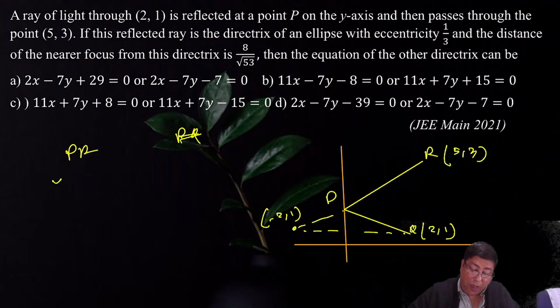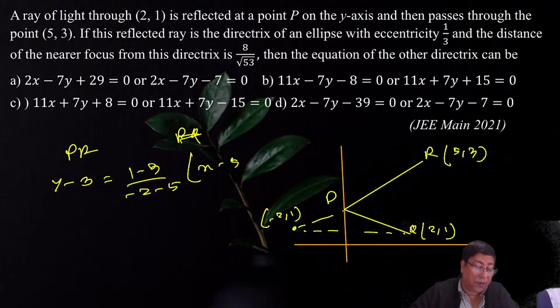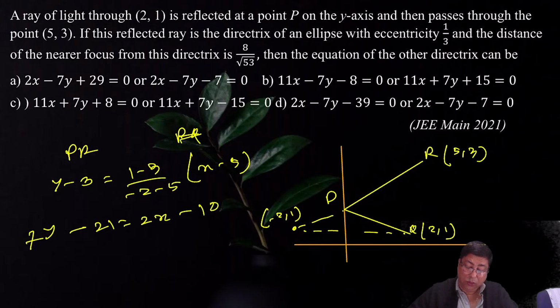Y minus Y1 by Y2 minus Y1, I am doing indirect, minus 2 minus 5 into X minus 5. So we are getting 7Y minus 21 equal to 2X minus 10. So it is coming 2X minus 7Y plus 11 equal to 0.